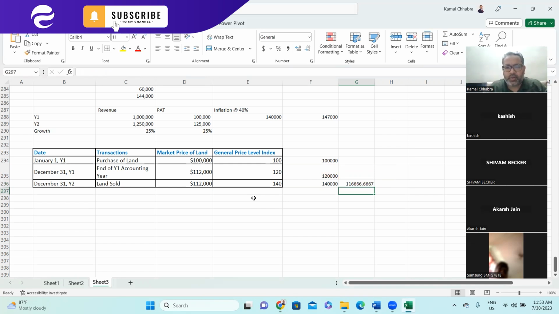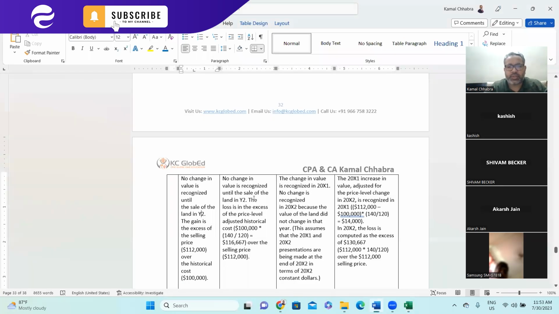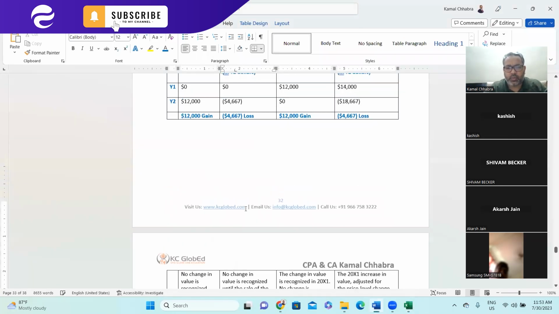So this should be your price, whereas actually we have sold at $112,000. So there is a loss of 4667 by using this method of accounting.